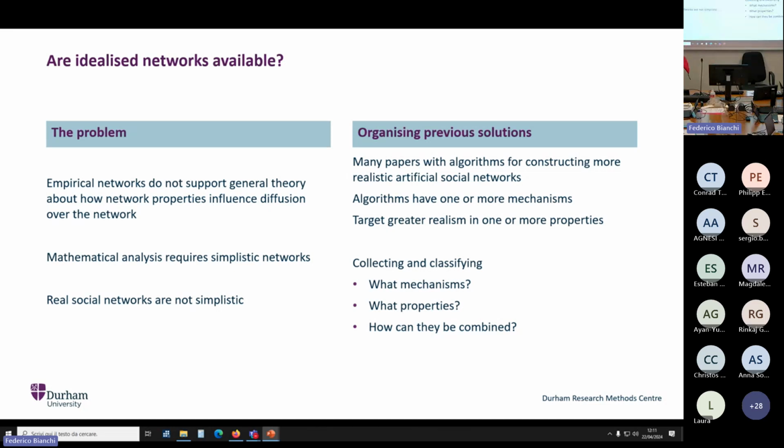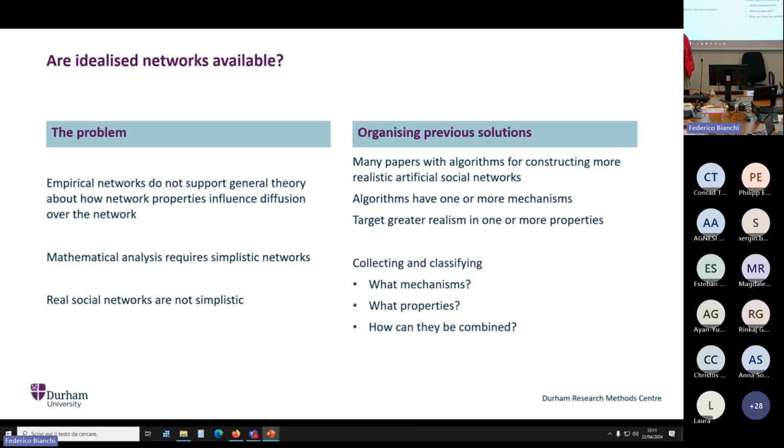So what we are doing is trying to get to that. Well, we're not going to get to that answer. We're trying to do the groundwork to make that answer possible later. So we're looking at a bunch of different papers that have algorithms in them for constructing more realistic, but still artificial networks.